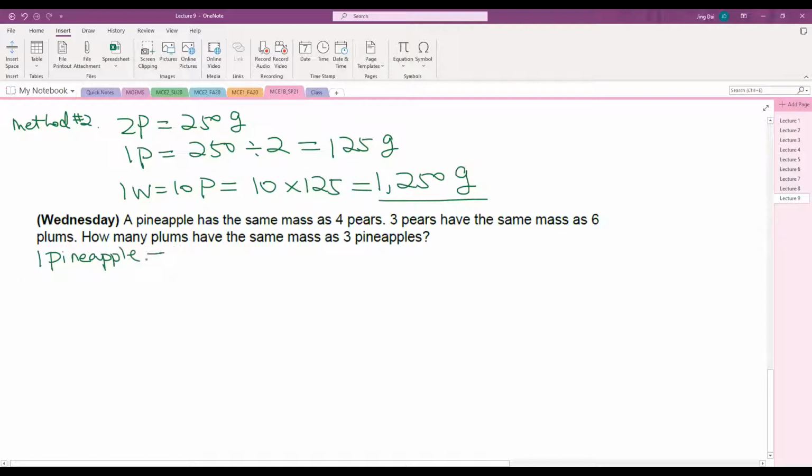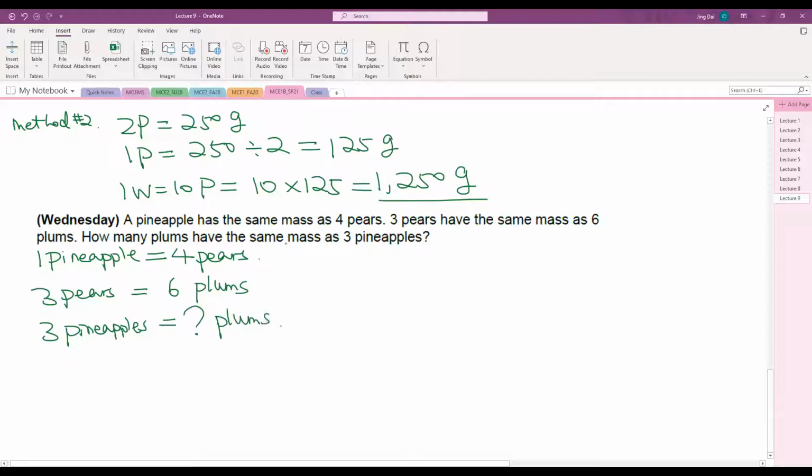So one pineapple is equal to 4 pears, and 3 pears basically equals to 6 plums. And then how many plums? The question is asking, how many plums has the same mass as 3 pineapples? So we are given 2 equations and we need to figure out this third equation.